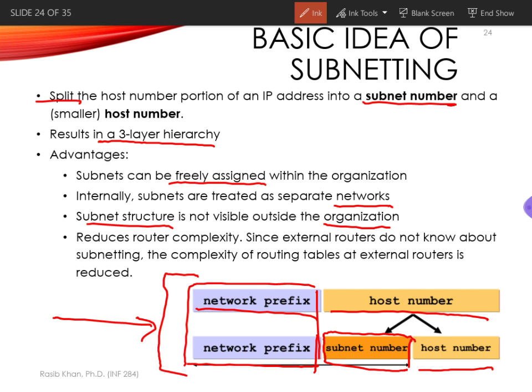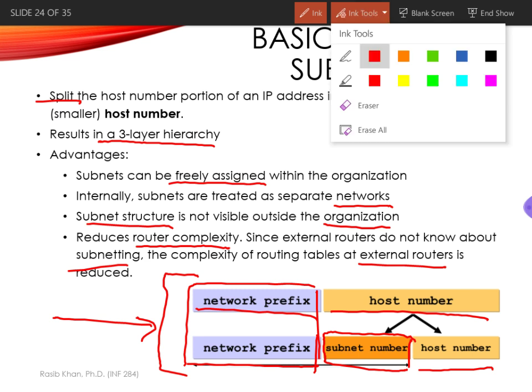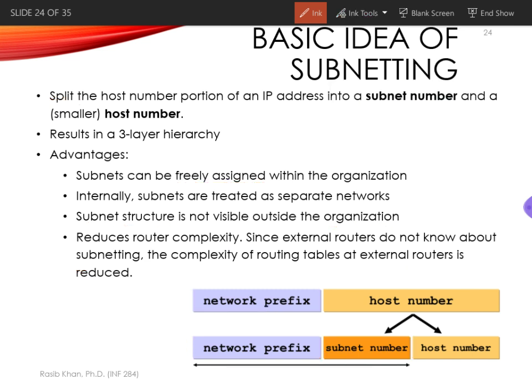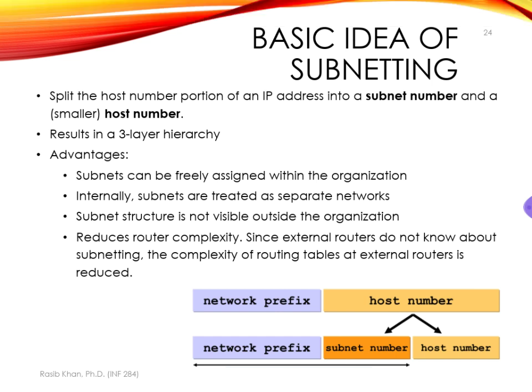It reduces the router complexity because now the router would only need to route packets to individual subnets, and also the external routers do not need to know about the internal subnetting, and the complexity of the routing tables of the external routers is greatly reduced because everything is handled as one single large network from the outside, but inside we have multiple smaller networks.